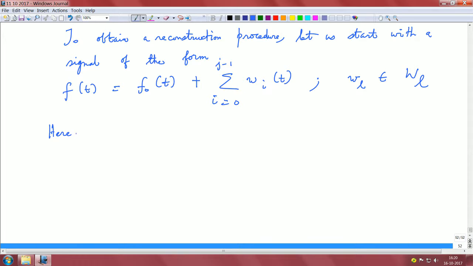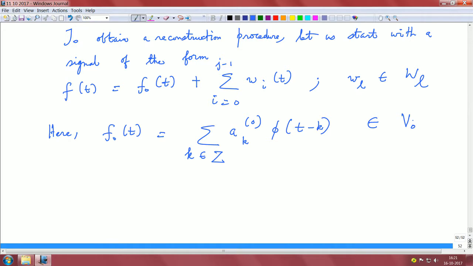Now, here f naught of t is basically summation k belonging to the set of integers, I will use a different subscript here, so I will call this as a k 0 phi of t minus k, and of course, this belongs to the space V 0.